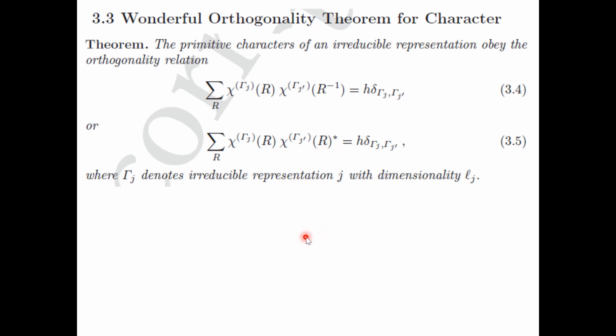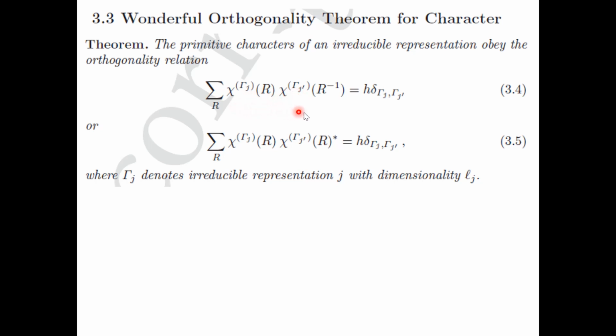So it's very similar, but much simpler than the wonderful orthogonality theorem for representations. This is one way to write it. This is the sum over all group elements R. Gamma j and gamma j prime are two different representations, either different or equal.